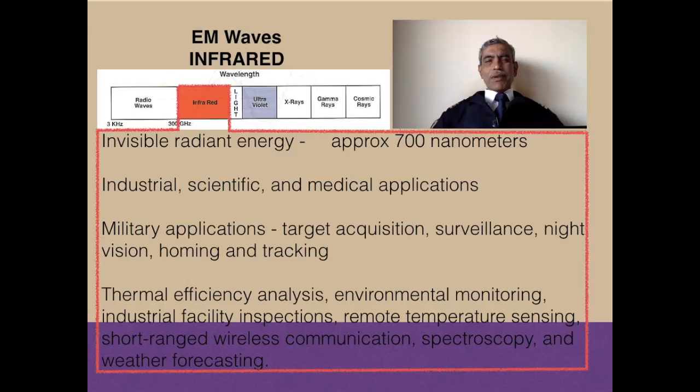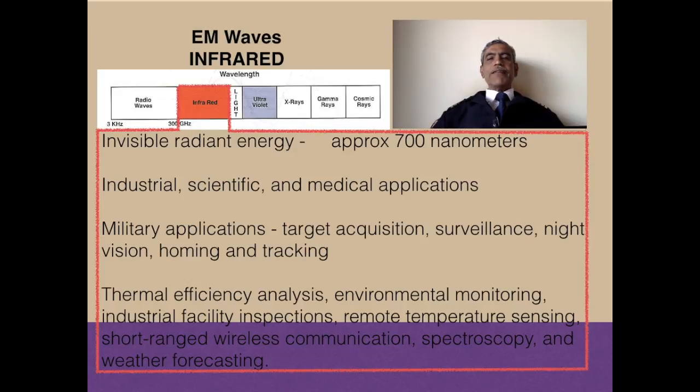I'm going to touch upon the salient and interesting feature of each band a little bit so that you get an idea, and thereafter we will be done, because we are going to be concentrating on the other bands. First is the infrared band. It's an invisible radiant energy, and we all learned about this infrared and how the body is able to absorb heat and then radiate heat, and the wavelength is of the order of approximately 700 nanometers.